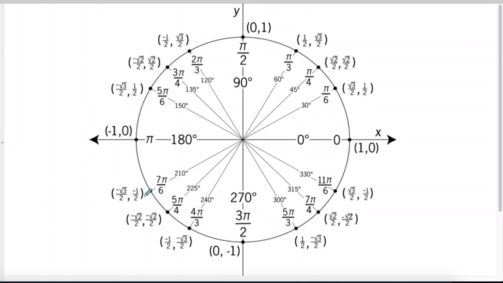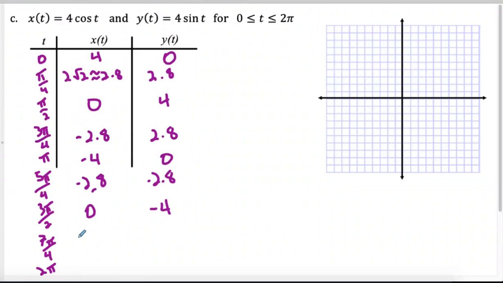At 7 pi over 4, the cosine is positive square root of 2 over 2. Sine is negative square root of 2 over 2. So we will be at 2.8, negative 2.8. And then finally, at 2 pi, that would be the same thing as 0. So 4, 0.